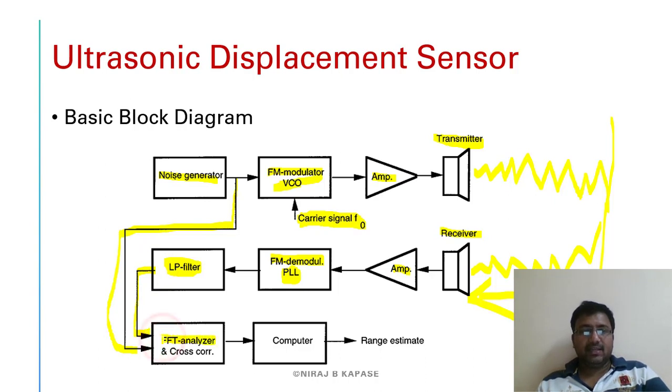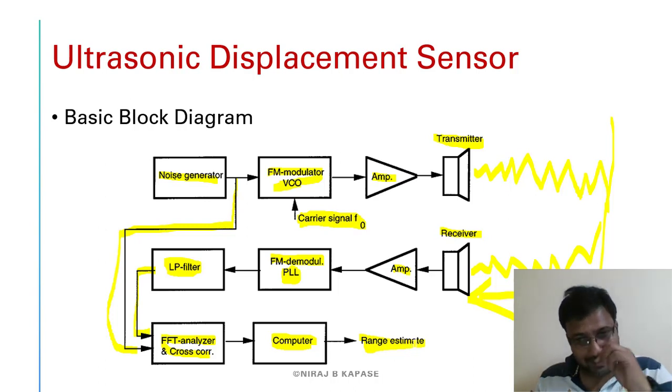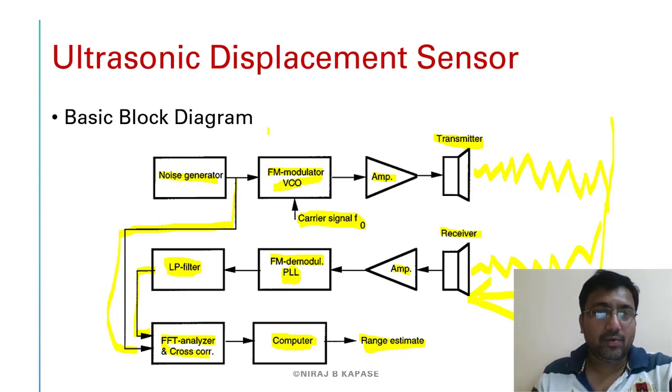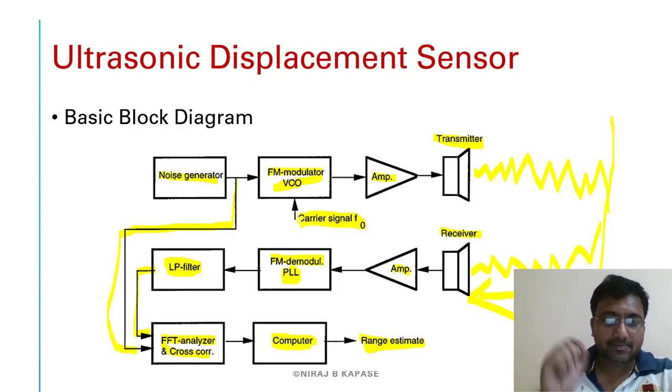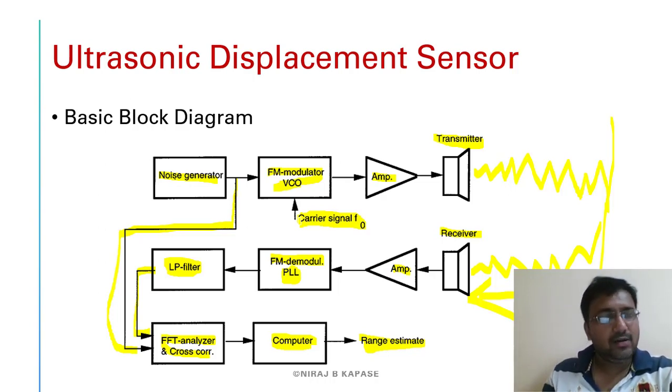The FFT analyzer analyzes it, and then it goes to a computer, because to measure the distance we need to compute it, and the range estimation is calculated. There are different ICs available for this ultrasonic sensor. In such an IC everything is fixed: the FM modulator, amplification, transmitter and receiver. So now we'll see in detail the IC HCSR04.